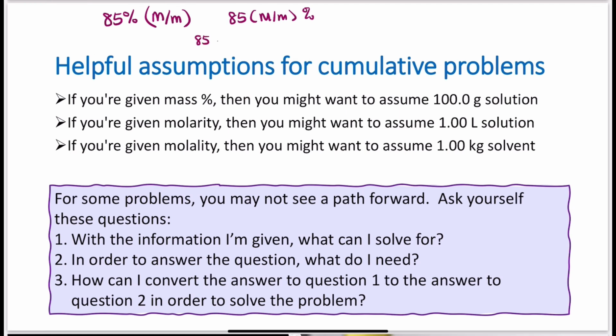You assume you have 85 grams of the solute to 100 grams of the total solution. Again, your solution is your solute plus your solvent, okay? So if you see M over M, it's grams of solute to grams of solution.